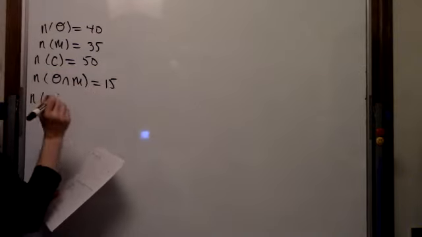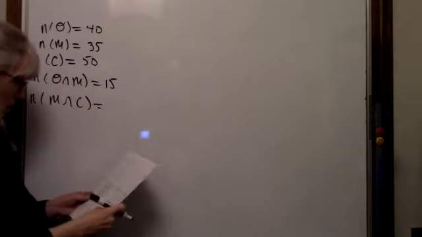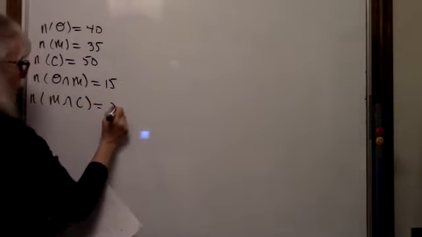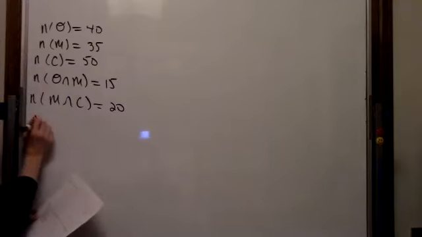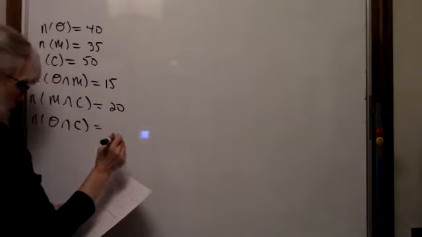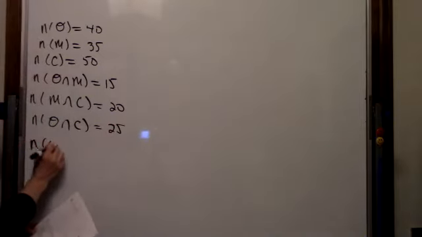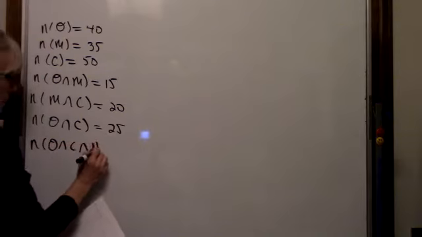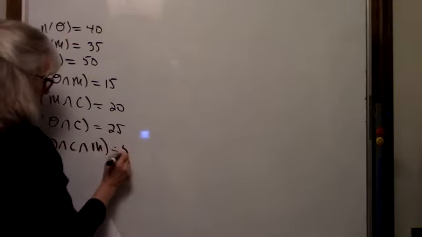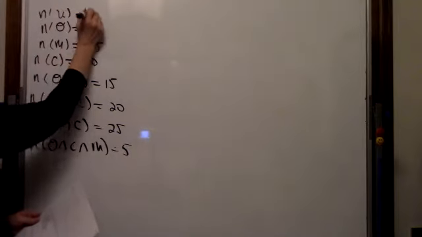We know the number that had mustard and ketchup, mustard intersect ketchup, is equal to 20. The number that had onions and ketchup, which would be my husband, would be 25. And finally, we know the ones that had all three toppings was 5. And altogether, the number in our universe, which I didn't write down, is 100.